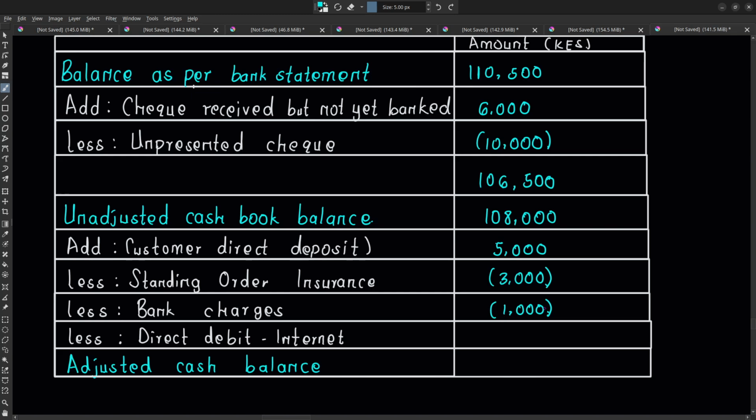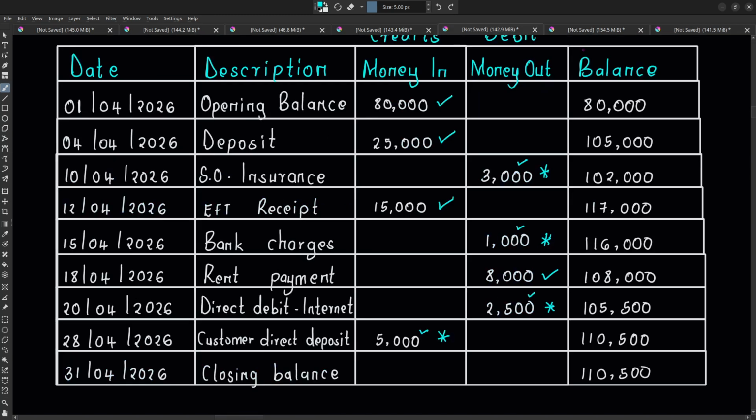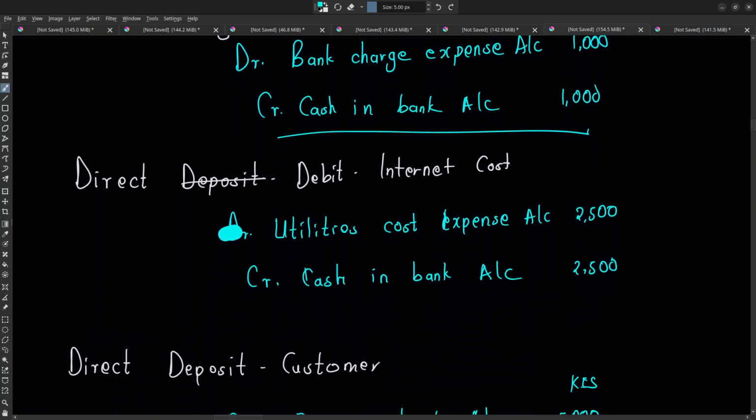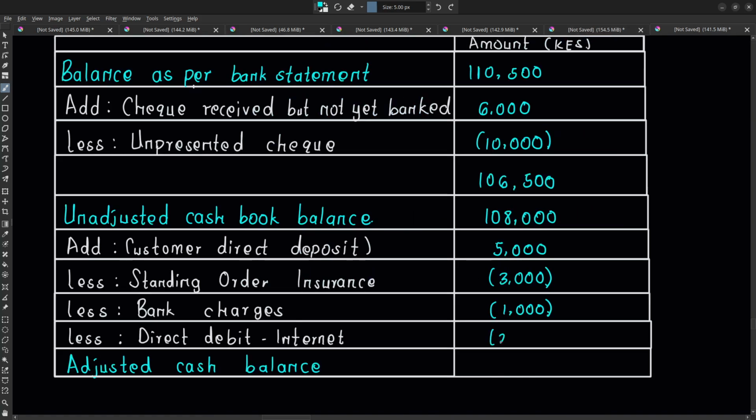Then direct debit internet as well is a credit, because it's a payment of internet costs from our bank, so we less 2,500. So we are going to have 108,000 plus 5,000, less 3,000, less 1,000, less 2,500. You are going to have 106,500.